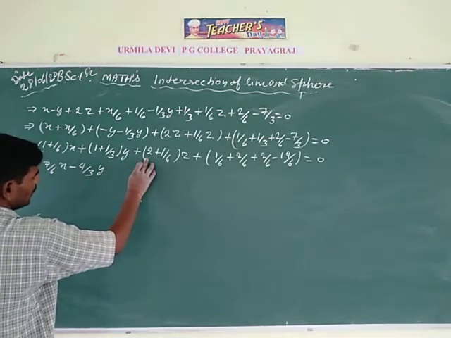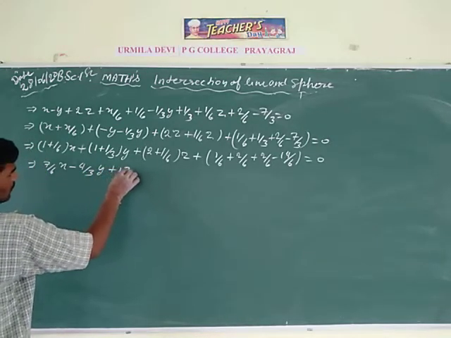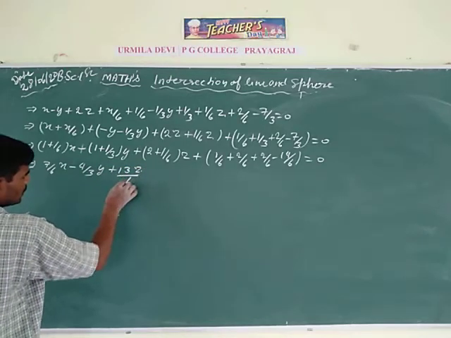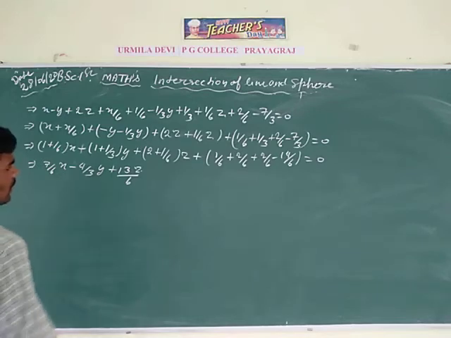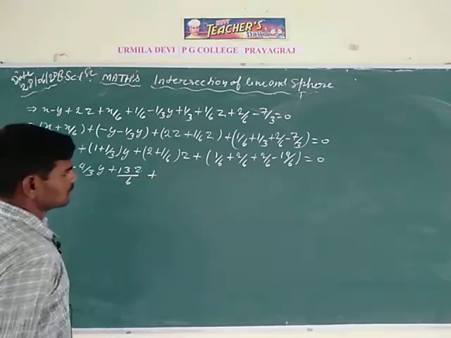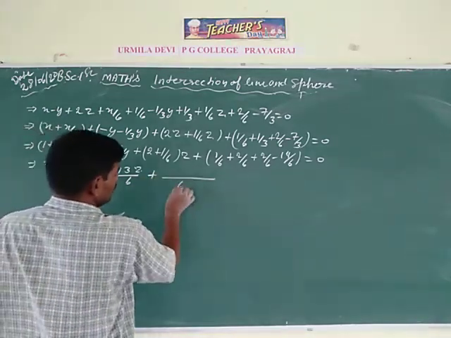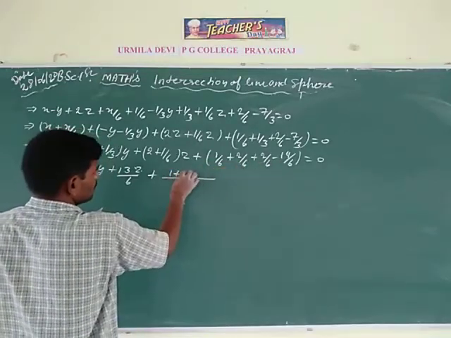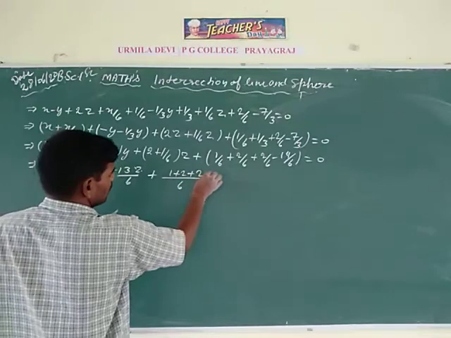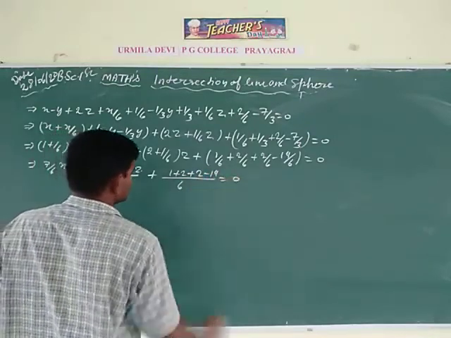Here 12 and 1 is 13, 13 z by 6. Plus at last here 6 taken as LCM, and 1 plus 2 plus 2 minus 16 is equal to 0.